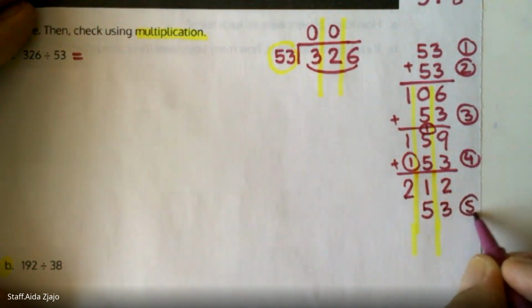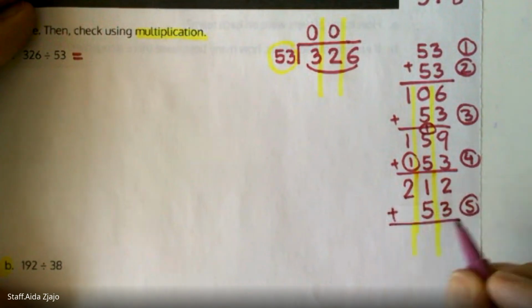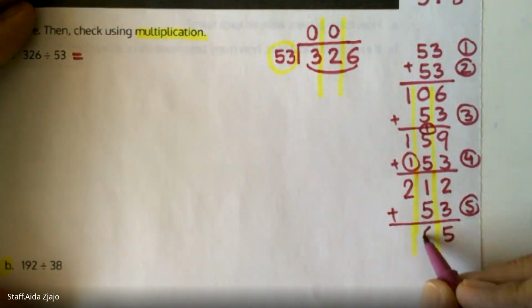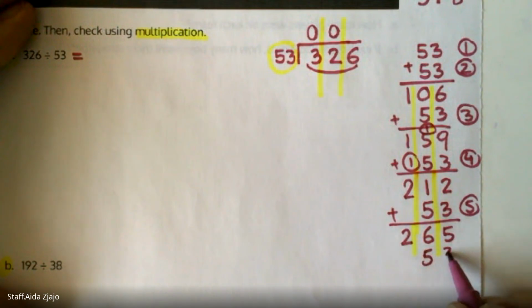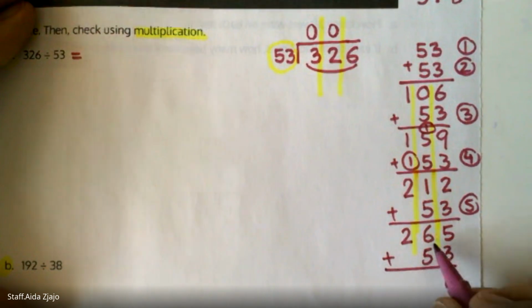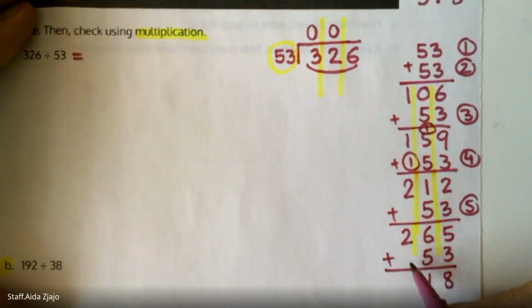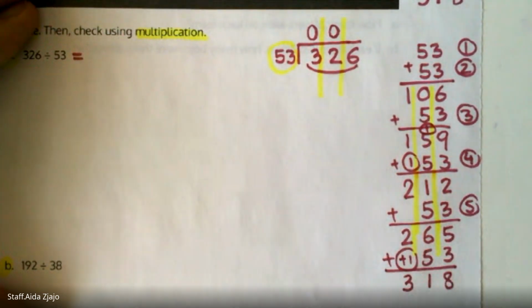That's my fifth one, 265. And then I can go one more time, 53. That would be 8, 6 and 5 is 11. Remember 1, and that is 318.